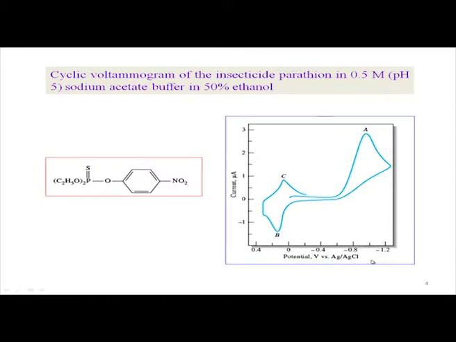So the potential on the x axis is plotted in terms of V versus silver chloride electrode, which is a very well known and very well established standard reference electrode. This standard reference electrode can be used for your corresponding measurement, and that measurement gives you the corresponding values for your 3 electrode system within the cell.